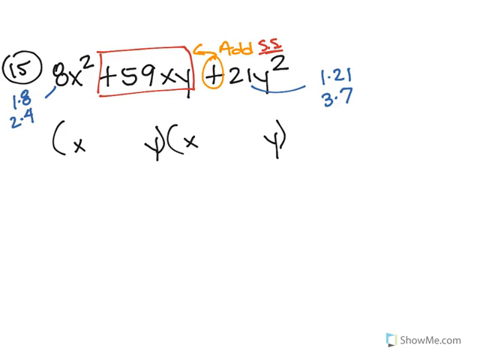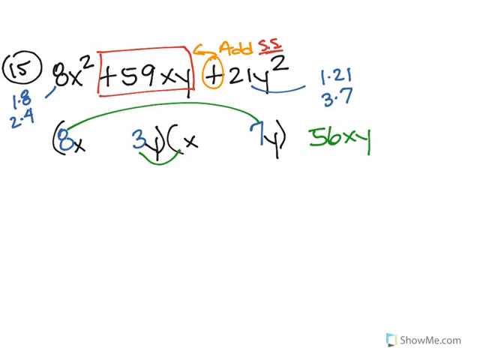So we're trying to get 59. So we're going to use 8x and 1x in the front. And we're going to use 7 and 3 in the back. So our outside, you're going to multiply 8 times 7, and that will give me 56xy.